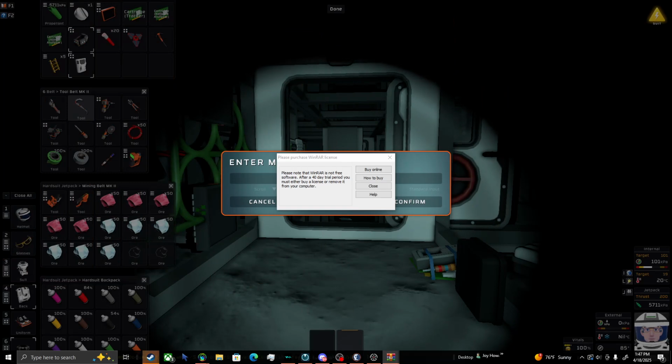Extract to the D:// drive. livesplit_1.8.33. Yeah.